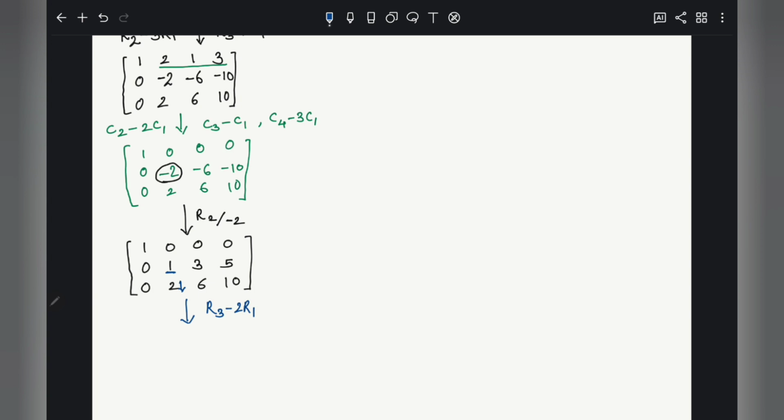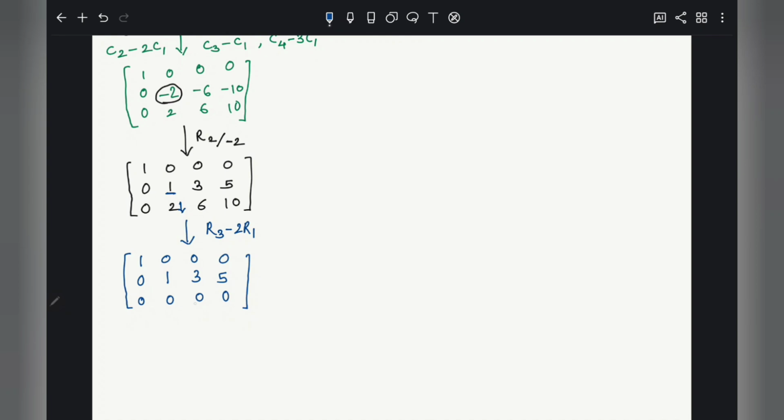If you observe, you could directly have done r3 plus r2 and you would have got the 0, but that happens only in rare cases, where you get something readily adjusted and directly cancelling. Otherwise the normal procedure is to convert it to 1 and then make it 0. If you do that, you can see that we are getting the 0 here.